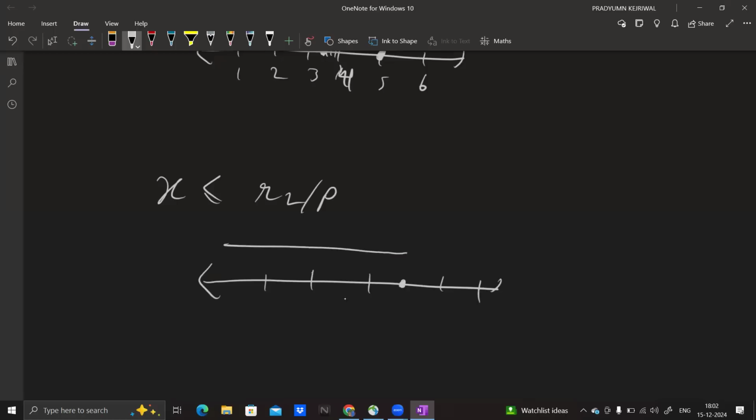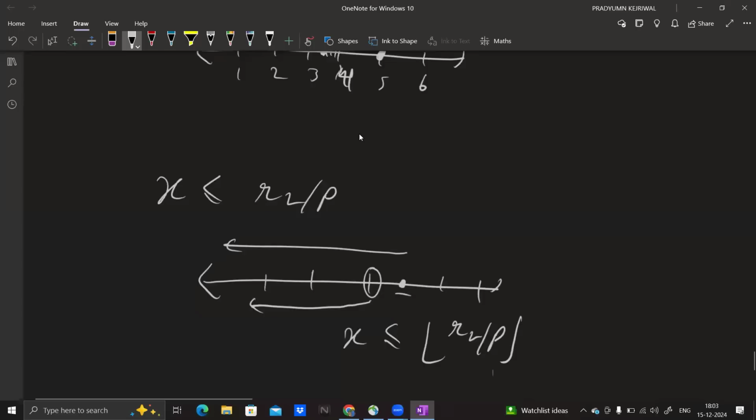Then the range is this, but x is an integer, so the range is actually this, ending at the floor of the point. So x is less than or equal to floor of R2 by P. I hope it is clear.